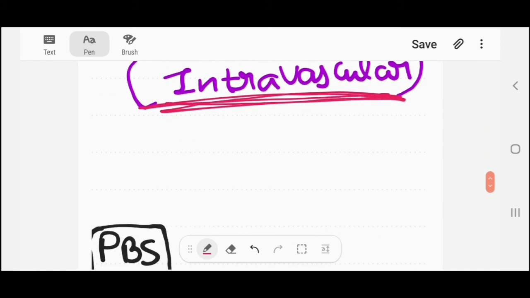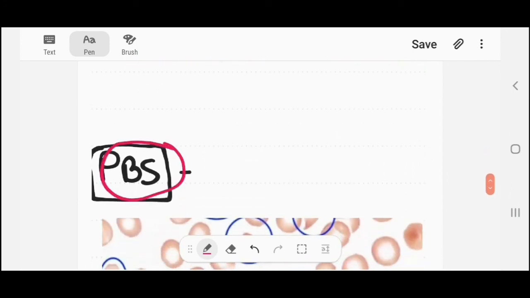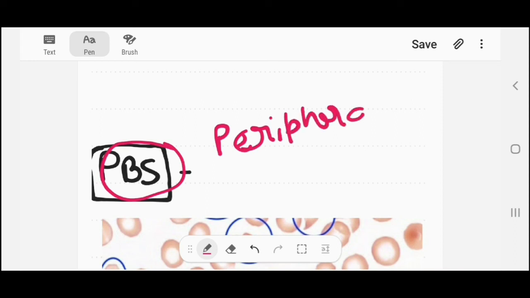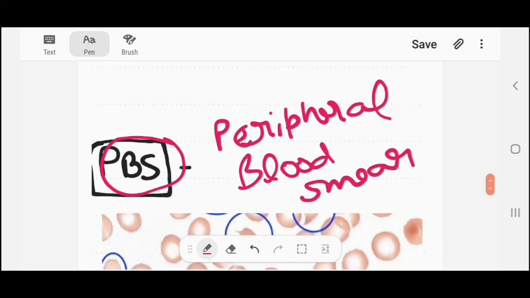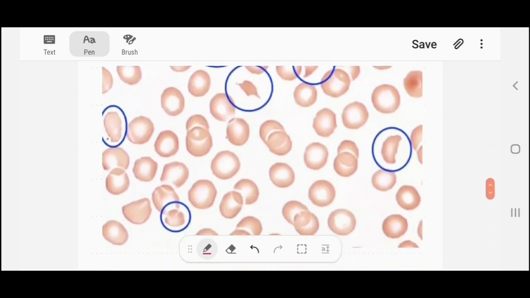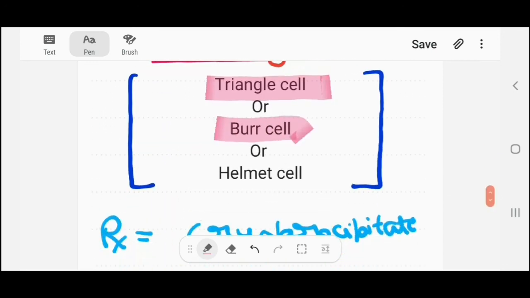Now for the diagnosis, we can have a peripheral blood smear, PBS. In this peripheral blood smear, you can see these types of cells. These are the schistocytes: burr cells and helmet cells.